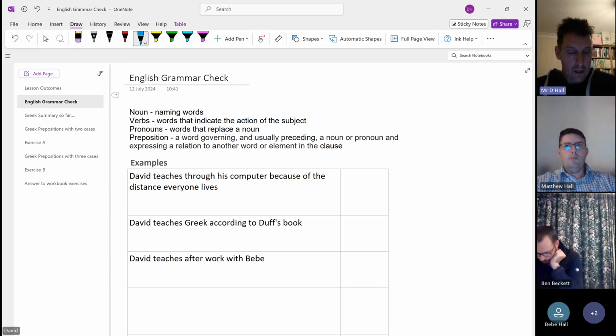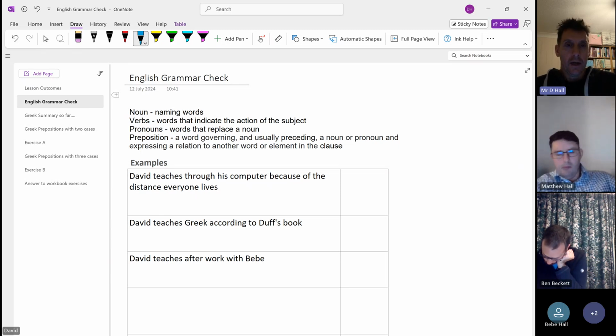Nouns are the naming words that we use, and verbs are the action words, which tell us what the subject is doing. We did look at some pronouns, but only a few: the 3rd person pronoun, so the he and the him and the his and the her. That was a good way of reducing the repetition of a noun in a sentence.